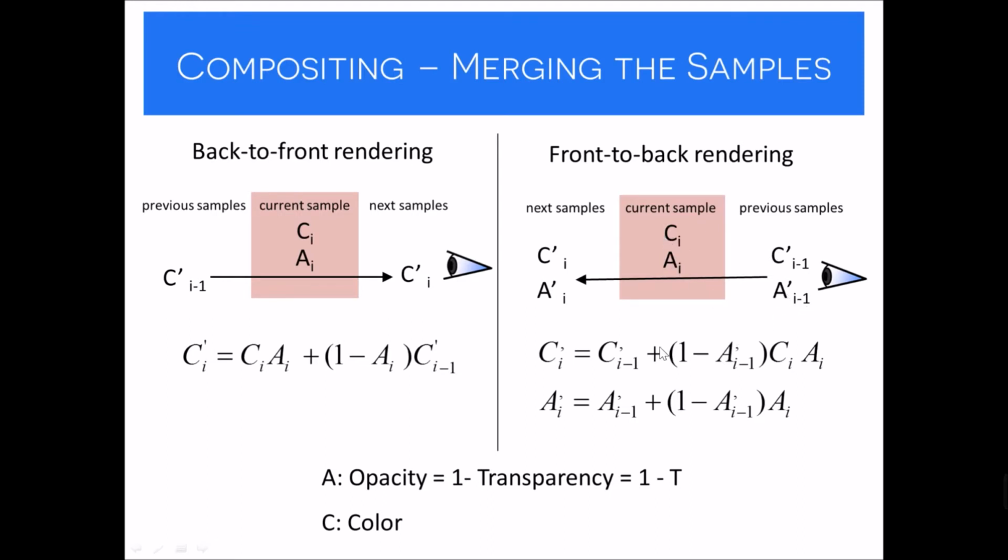So the color that comes out here is this color plus this color multiplied by 1 minus the alpha so far. And then you have to keep an alpha buffer too, accumulating the alphas, because you have to keep track of the alphas in front of you as you march through the volume. So this is the difference between back to front rendering and front to back rendering.